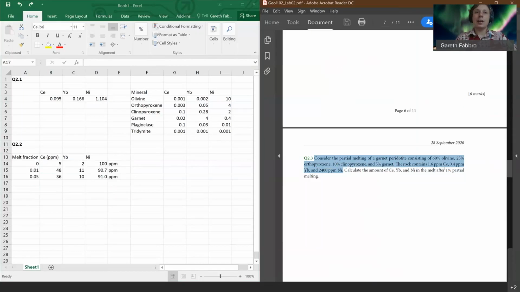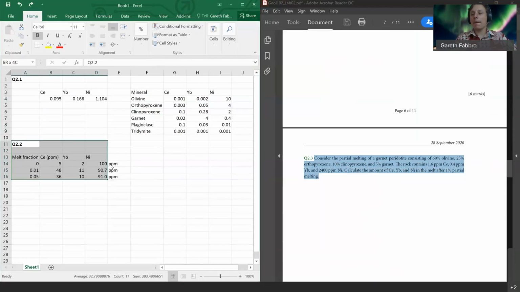So in this question, you have to first calculate your bulk partition coefficients by using this, and then you calculate the concentration in the melt after 1% melting. So you just have to do the same thing, but you have to then do the two parts of it.